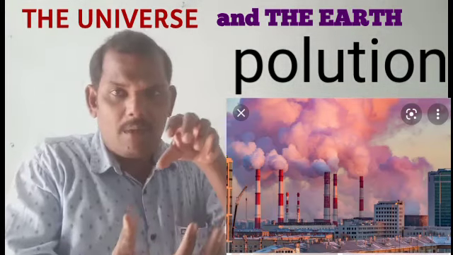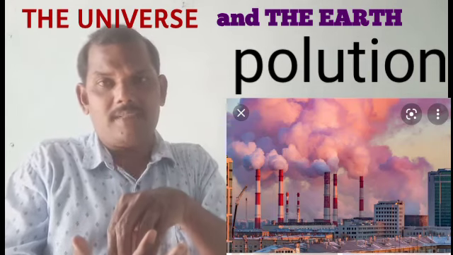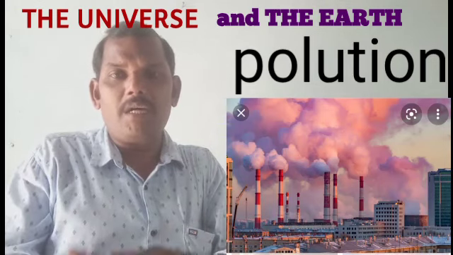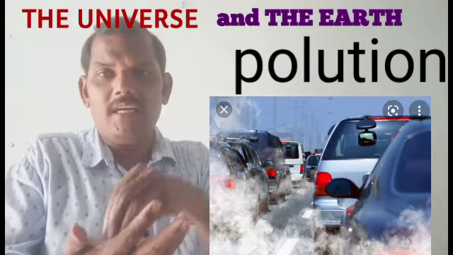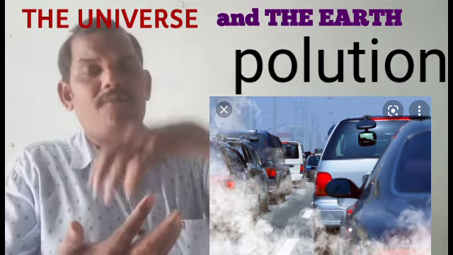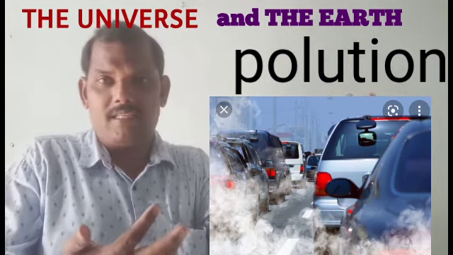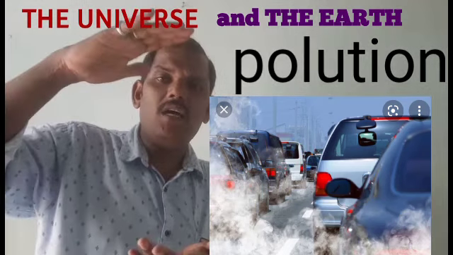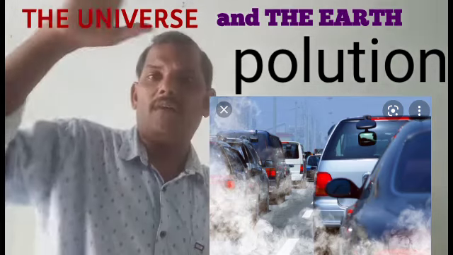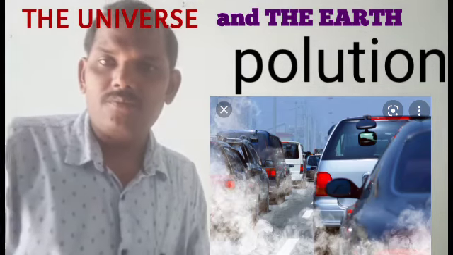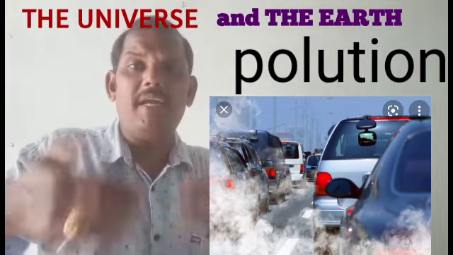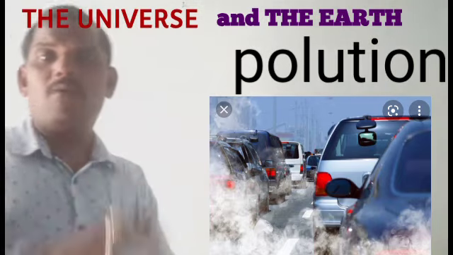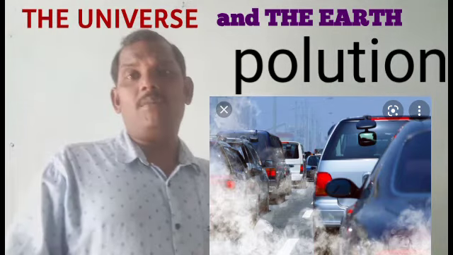Actually the earth receives some amount of heat from the sun, and not all of it is absorbed on the earth; it is immediately reflected back. In that way, these dust particles, smoke and everything hinder the reflection of heat by the earth. So the temperature levels are increasing day by day. It causes global warming, affected by air pollution.